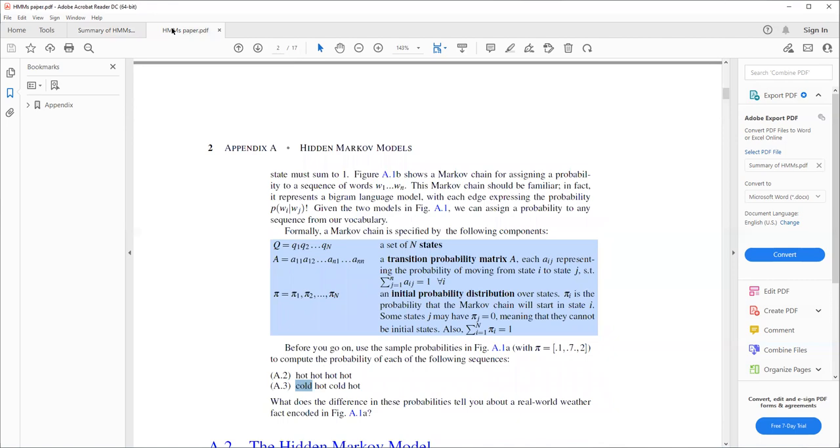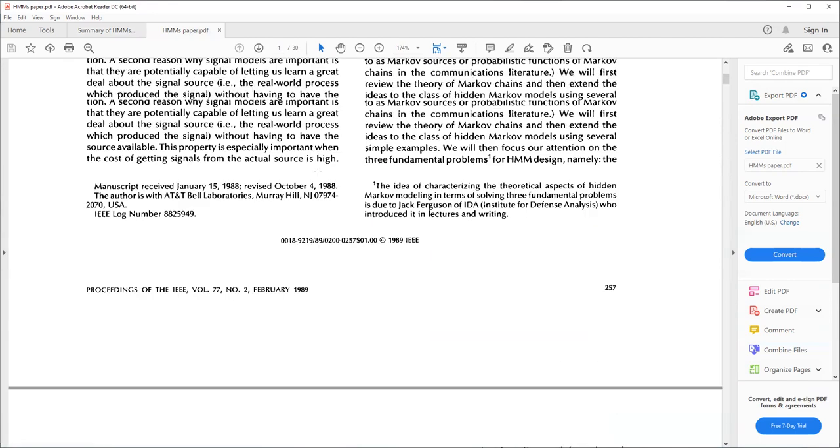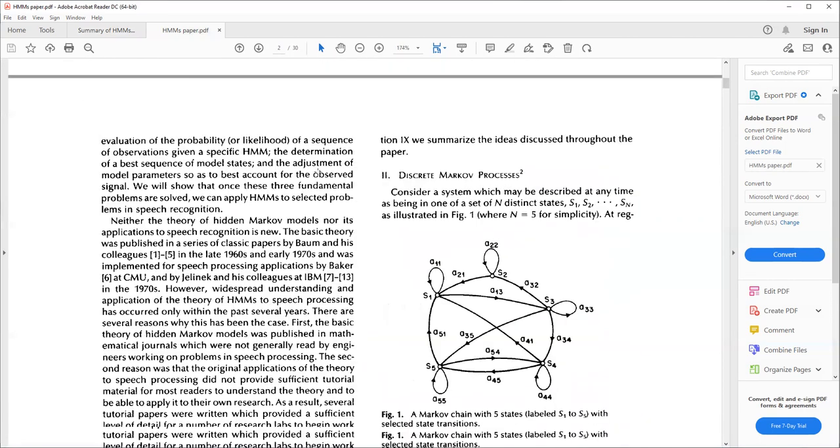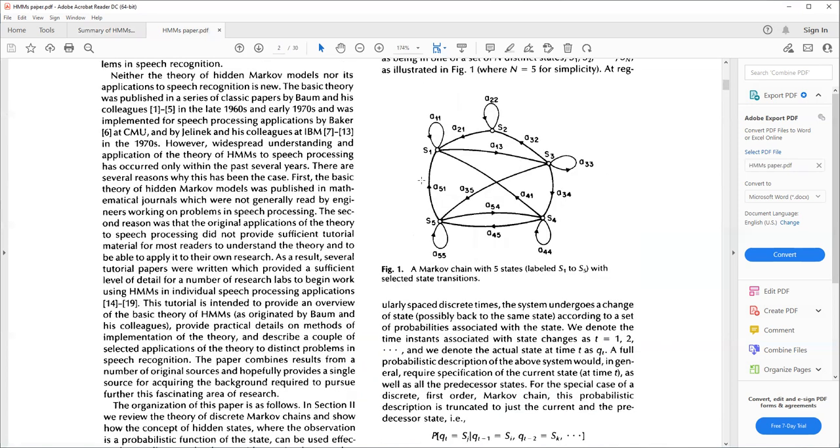So if we now move to the second paper over here, which is this one, it again talks about the same thing, but maybe in a more complicated manner. In this figure, for example, you can see 5 different states. The type of questions that you can expect from me in the exam are that I'd ask you to identify the 5 different components of an HMM and maybe draw them like this.